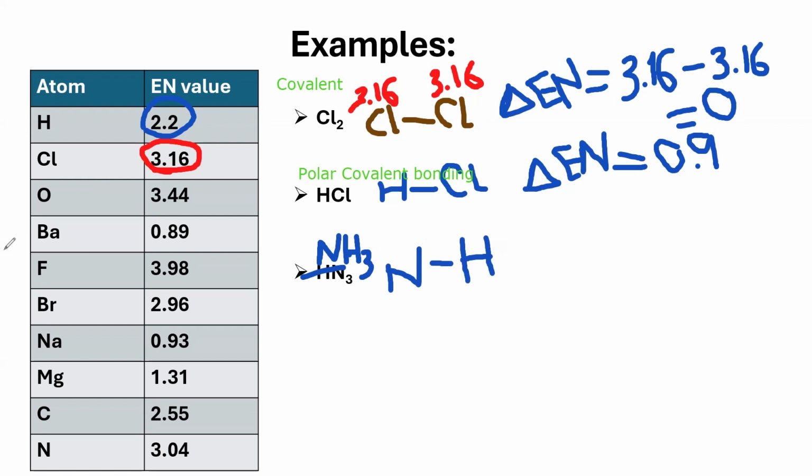And nitrogen has an electronegativity of 3.04, or 3, you can consider it 3. And the hydrogen is 2.2.